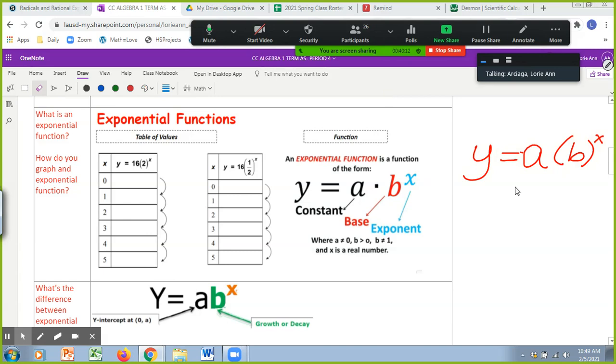Okay, here we go. So y is equal to a times b raised to x. Yeah? So a is very important. This is your initial number.